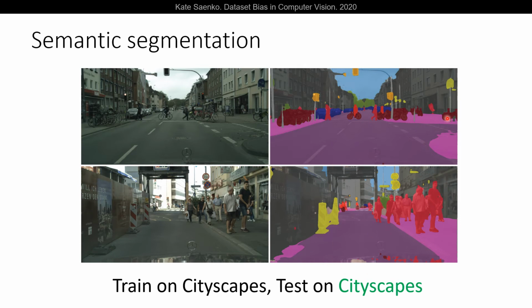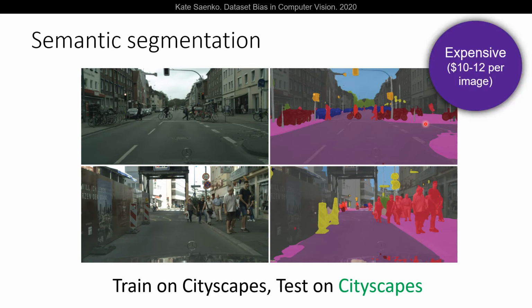So these are the semantic output maps that the model predicts. However, to get this kind of nice performance, we need to label a lot of cityscapes images. And semantic segmentation is a task that is very expensive to label, estimated at around $10 to $12 per image to annotate.